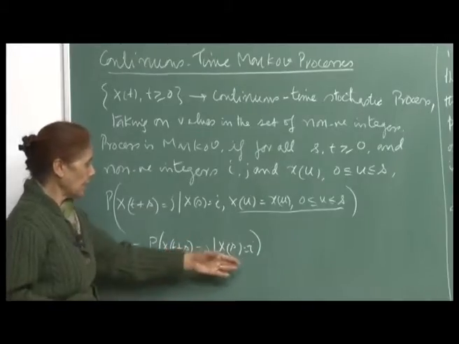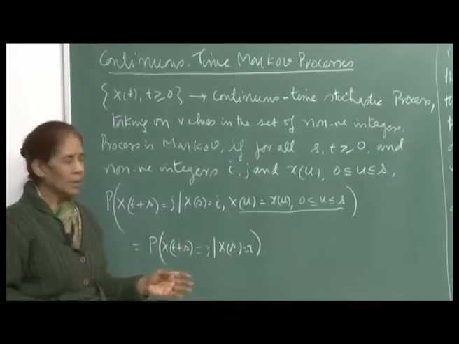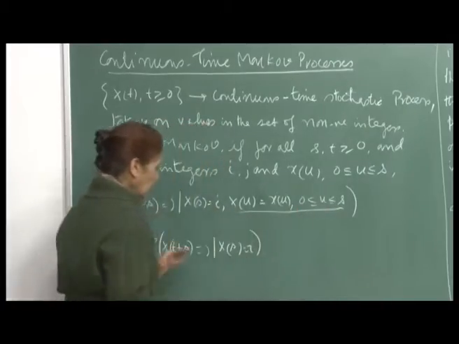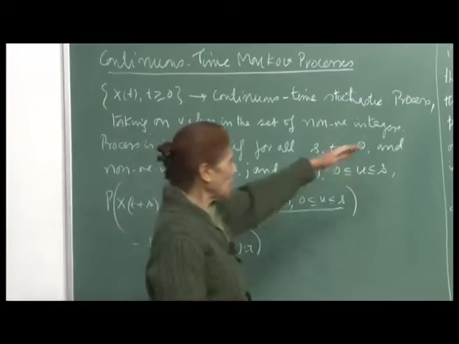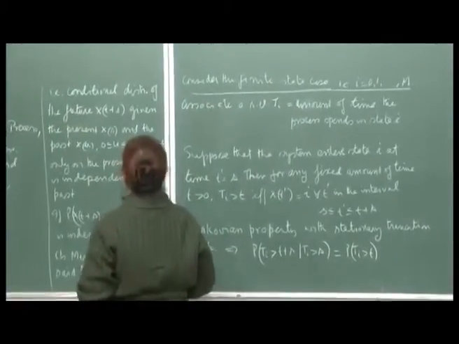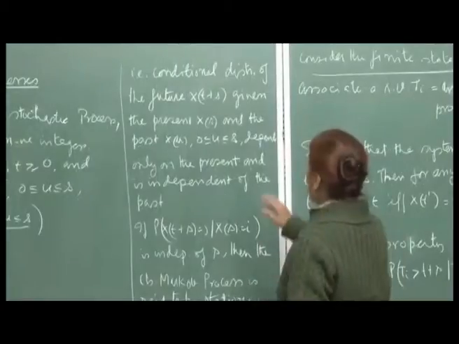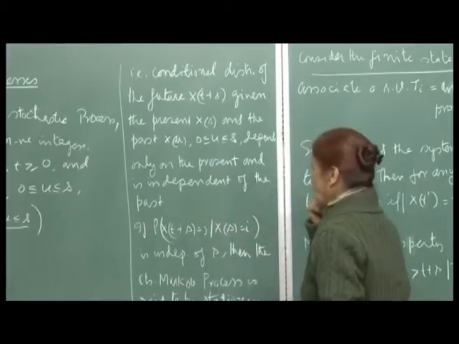It is independent of how you reached state i at time s. Whatever happened between 0 and s is immaterial. In words, the conditional distribution of the future X(t+s), given the present X(s) and the past, depends only on the present and is independent of the past.